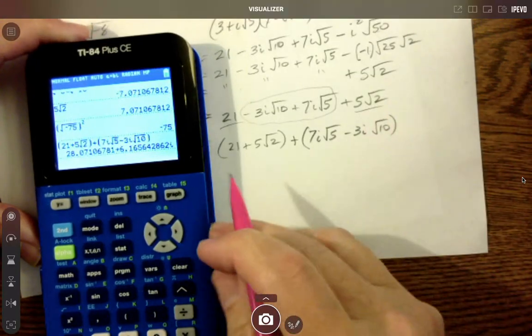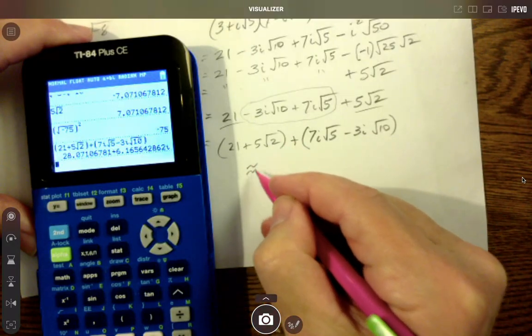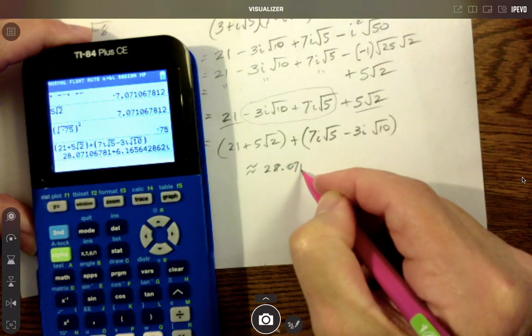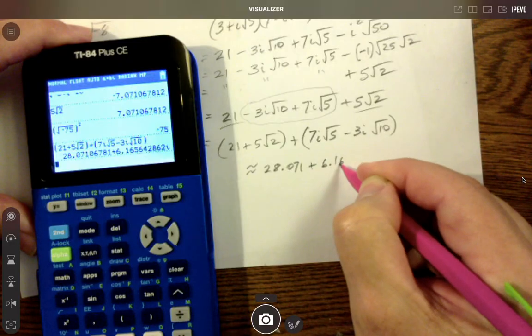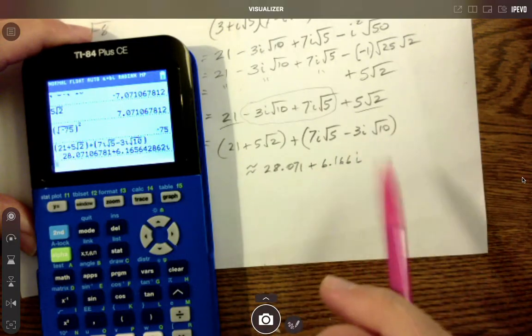I get this horrible number. So to estimate it, it's about 28.071 plus 6.166i. So that's an estimate.